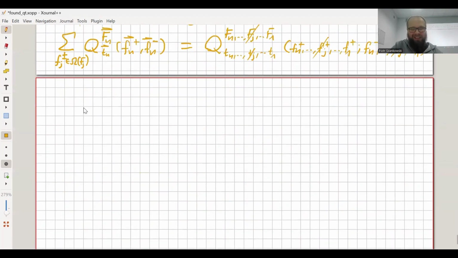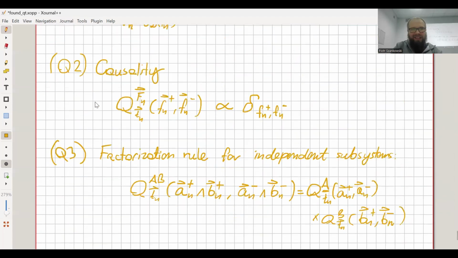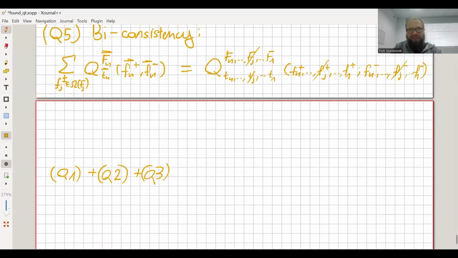Take those three. Q1 plus Q2 plus Q3, those three. They imply that diagonal parts.